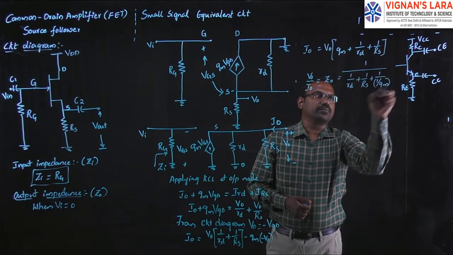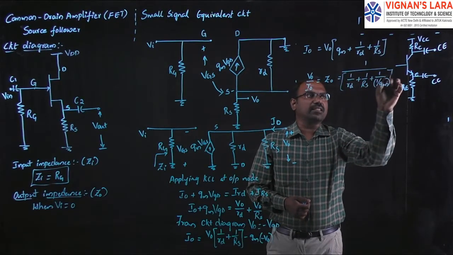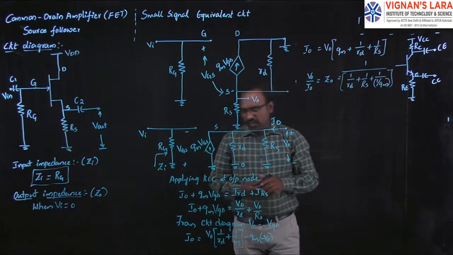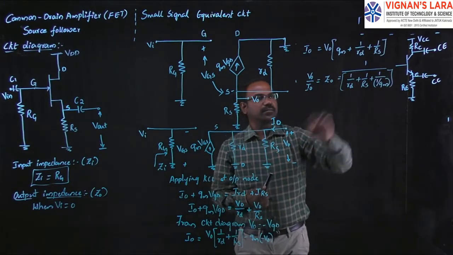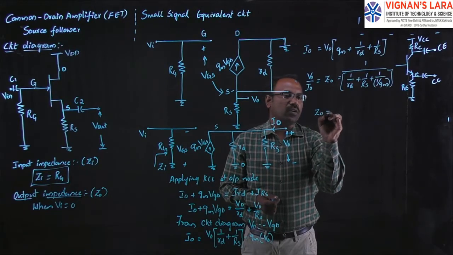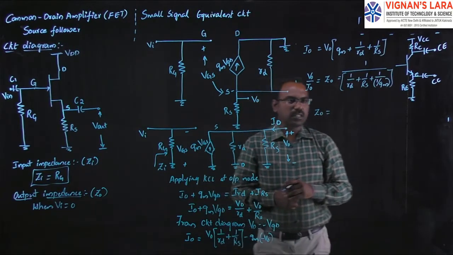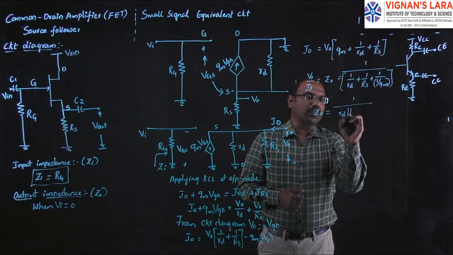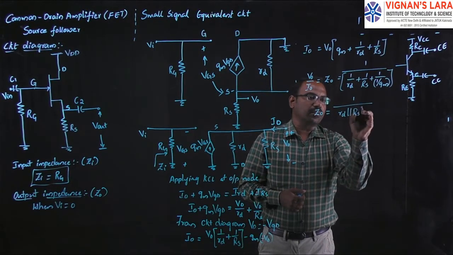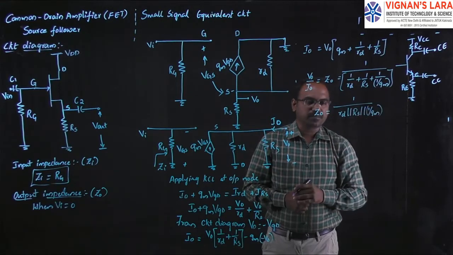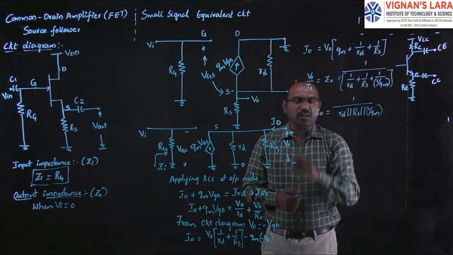So when three resistances R1, R2, R3 are in parallel, the equivalent resistance will be like this. So I can write Z0 is equal to RD parallel with RS parallel with 1 by gm. So this is the output impedance.